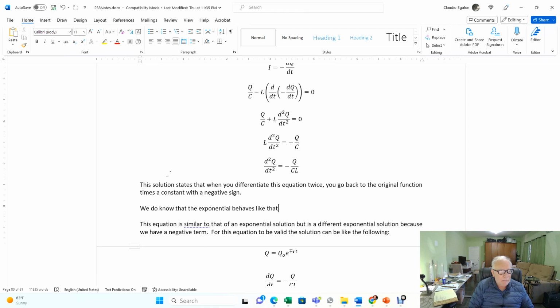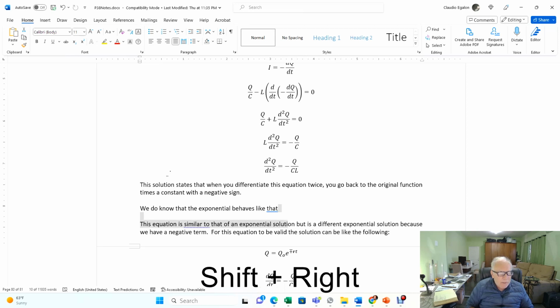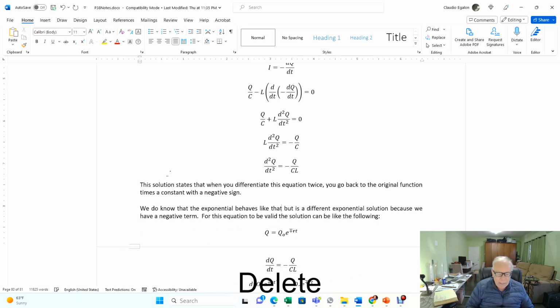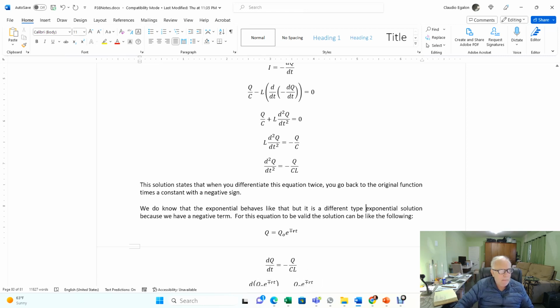It behaves like that. But it's a different type of exponential solution, because we have this negative term here.